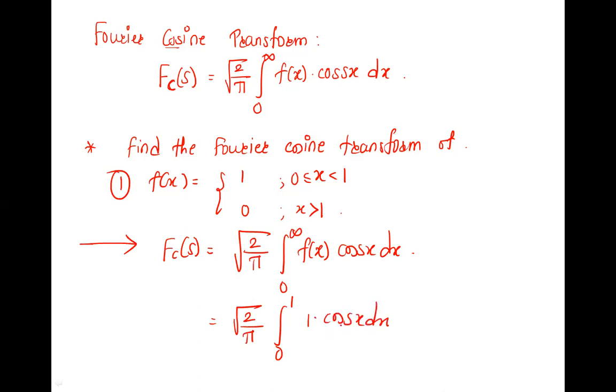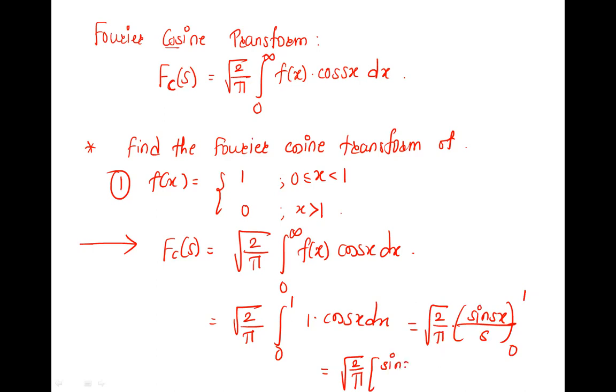So you have to integrate cos here. What is the integration of cos? Sine sx upon s, as it is with respect to x and s is constant. It is from 0 to 1, which means for the upper limit you write x as 1.